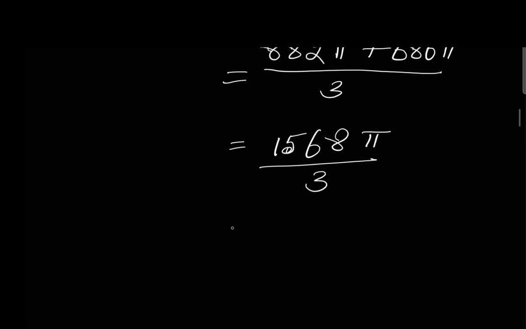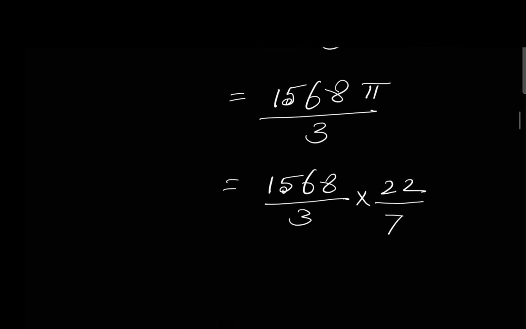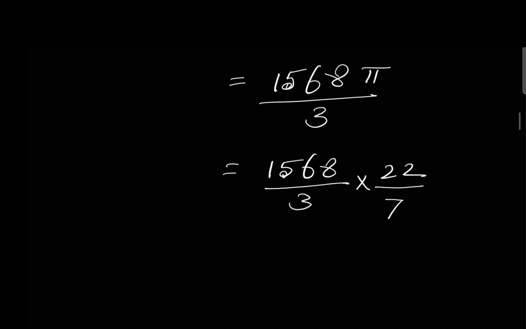Now you substitute the value for pi. 1568 by 3 into 22 by 7. See here, 7 goes in this number: 1 7s are 7.